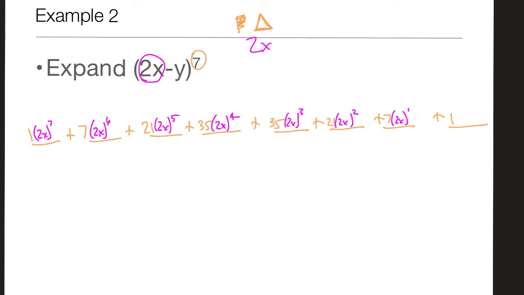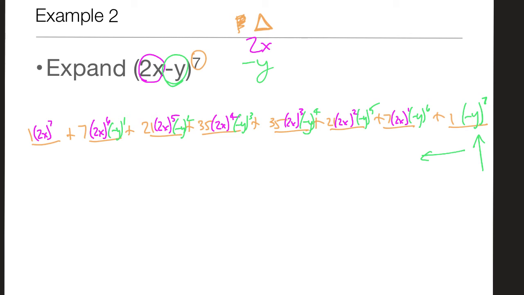All right, and then lastly, in every single one of those blanks, I need something that is dealing with this negative y, right? Every blank is going to have a negative y in it. I'm going to start over here on the far right with the highest exponent, negative y to the 7th, and then I'm going to decrease as I'm moving to the left, like that.